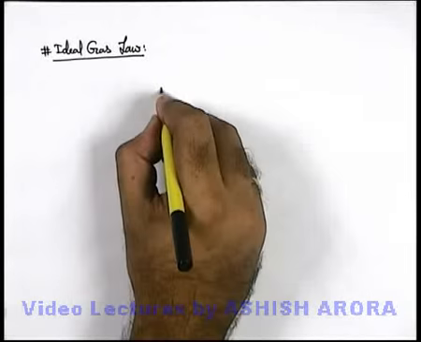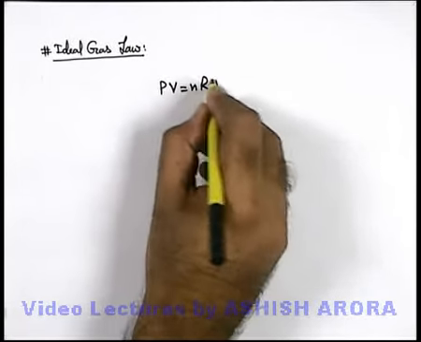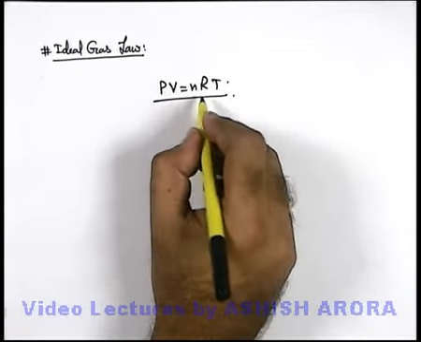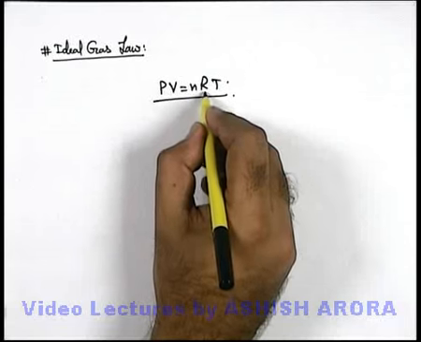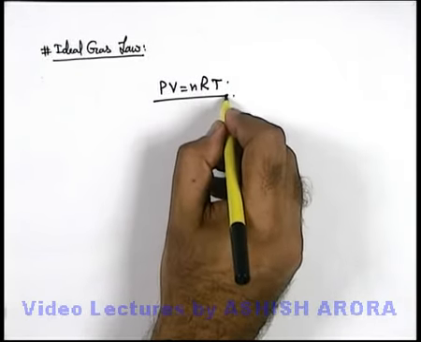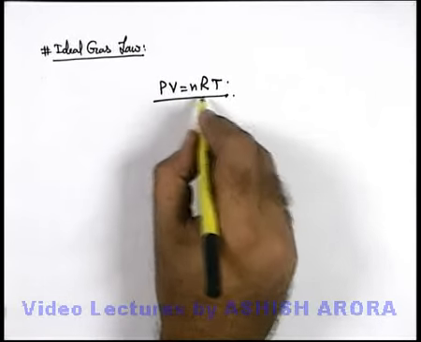So this law, as we have discussed earlier also, is defined as PV equals nRT, where P is the pressure of gas, V is the volume, n is the number of moles, R is universal gas constant and T is temperature.